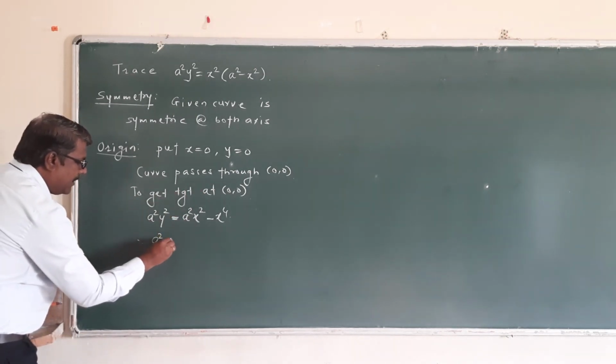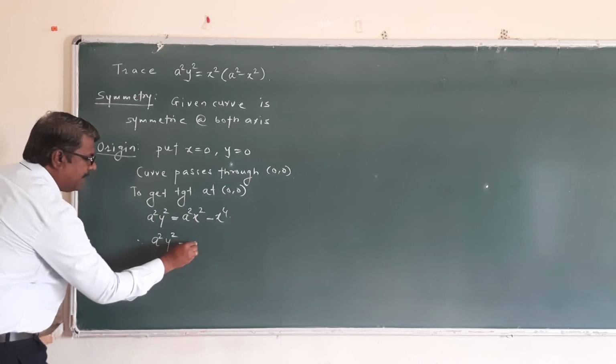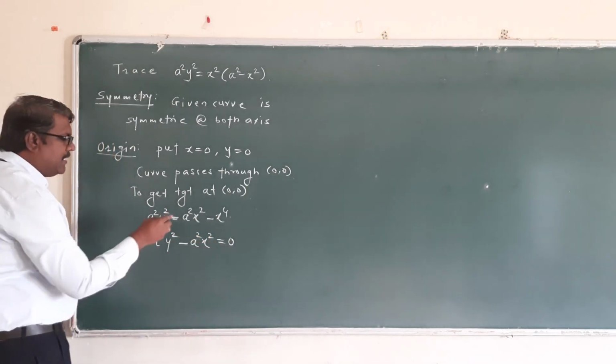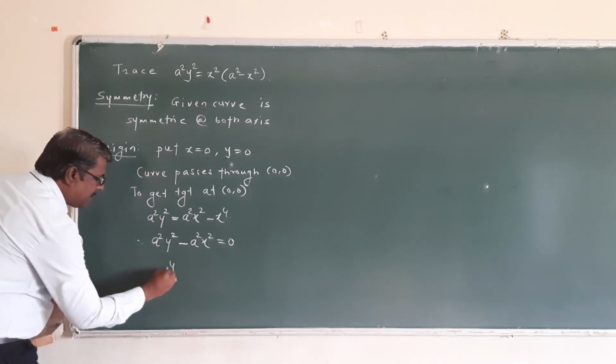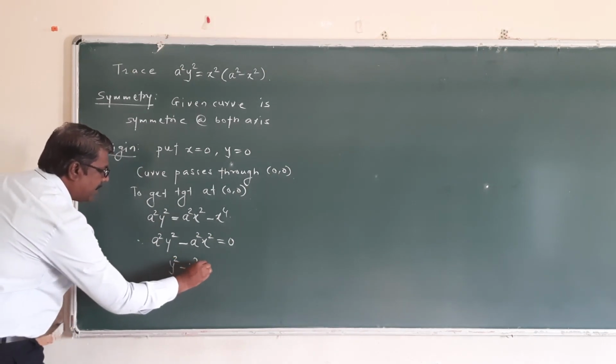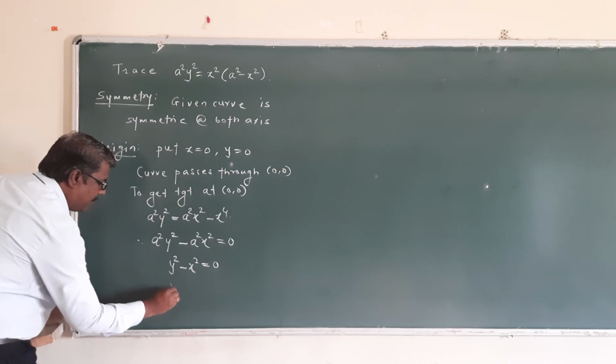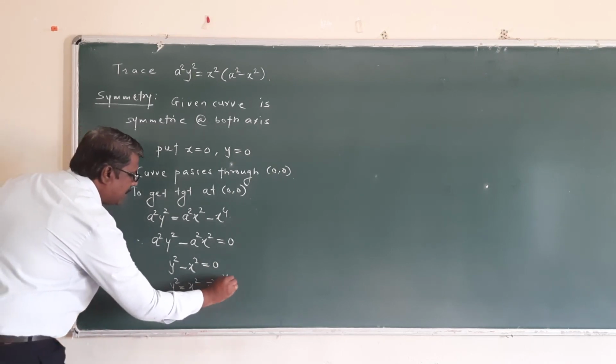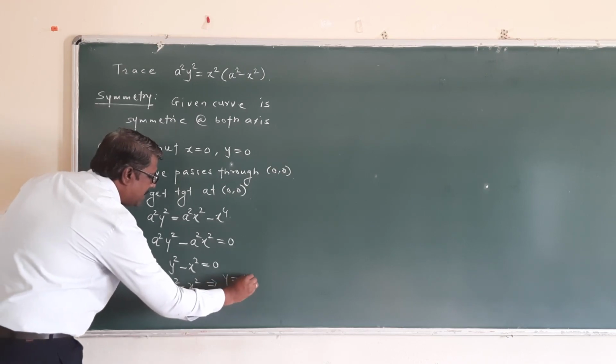We get a²y² − a²x² = 0, and this implies y² − x² = 0, so y² = x², and this is nothing but y = ±x.